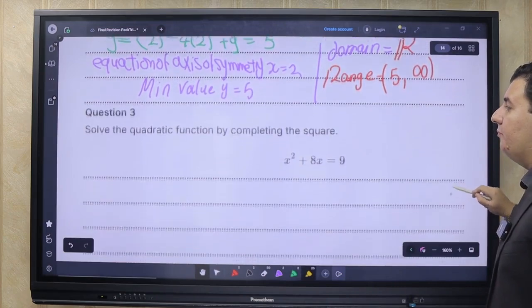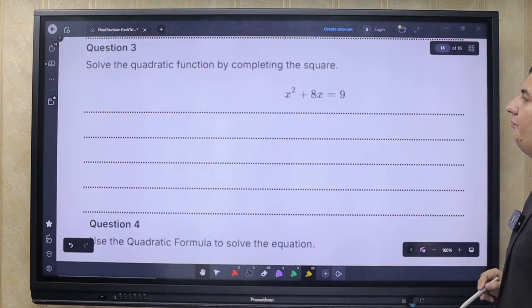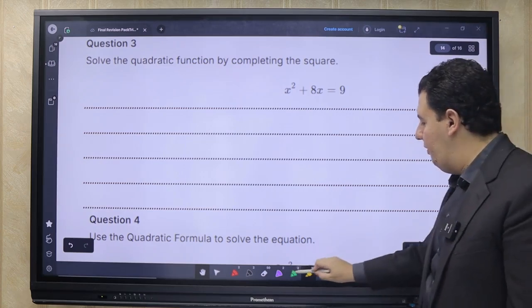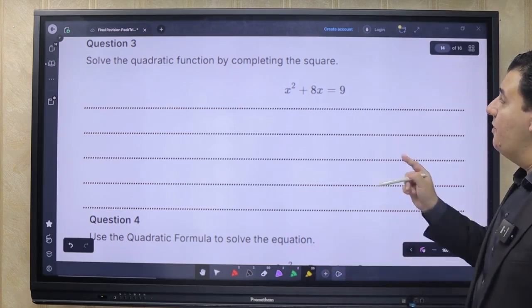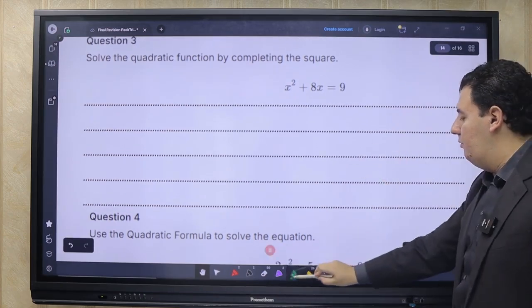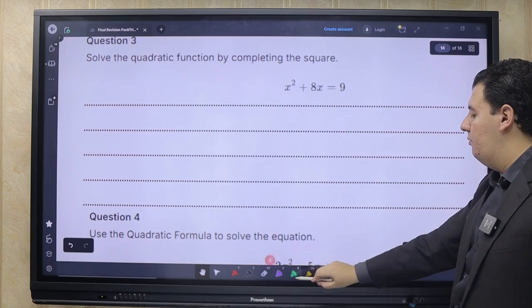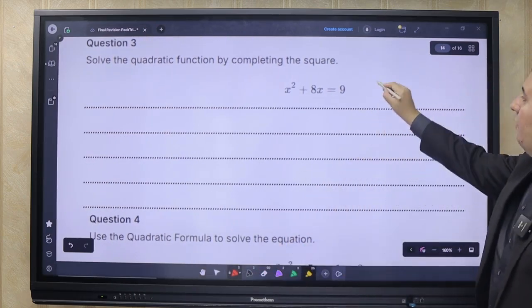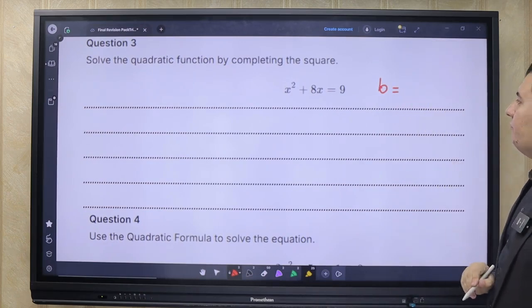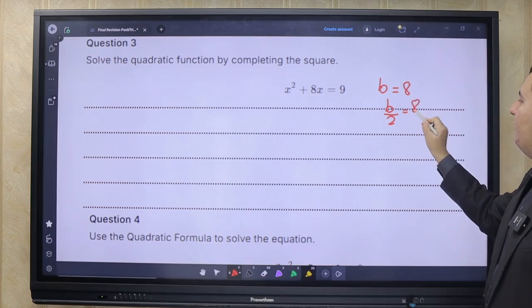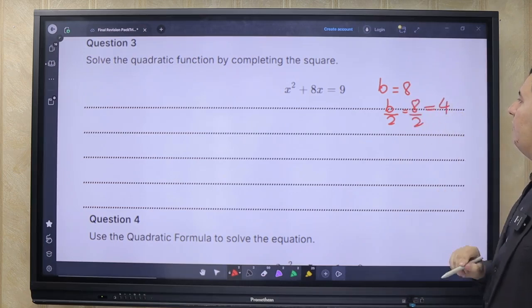Question 3. Solve the quadratic function by completing squares. Very important question. Okay. To solve this quadratic function by completing square, we are going to find b. b equal 8. b over 2 equal 8 divided by 2 equal 4.